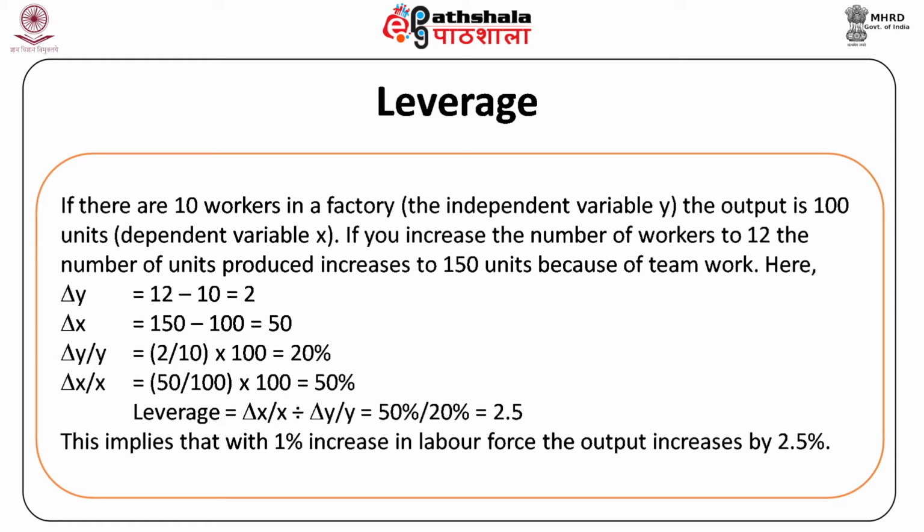Delta x is equal to 150 minus 100 equal to 50. Delta y upon y is equal to 20%. Delta x upon x is equal to 50%. So, the leverage in this case is equal to 50% divided by 20% is equal to 2.5. This implies that with 1% increase in labor force, the output increases by 2.5%.